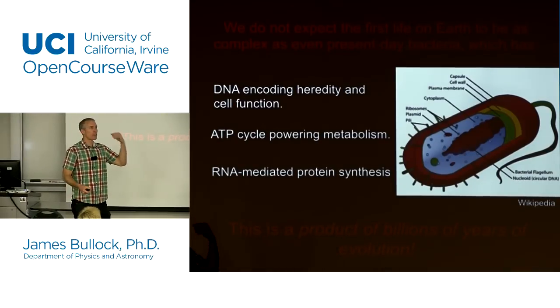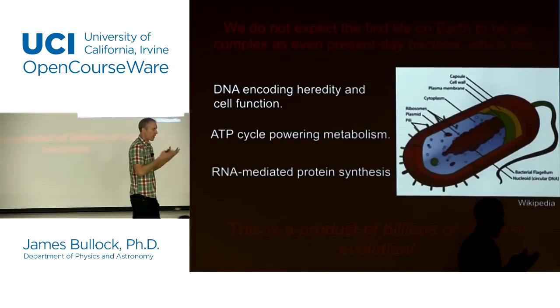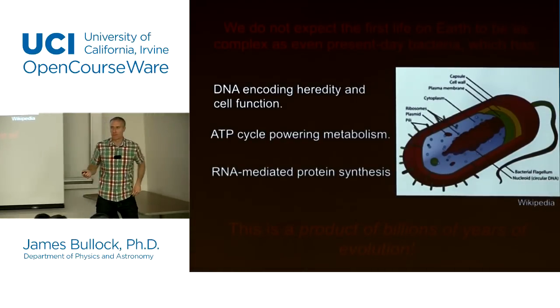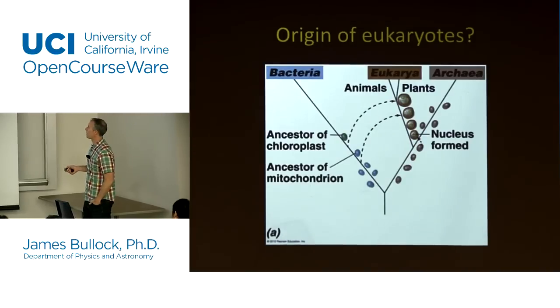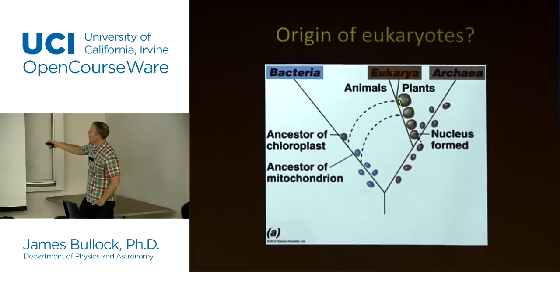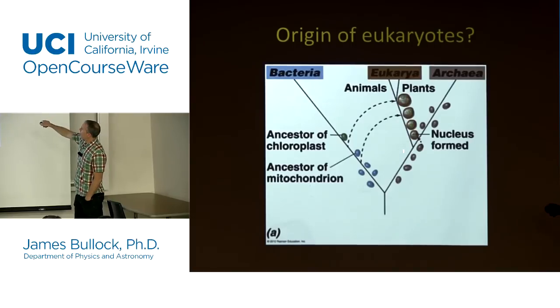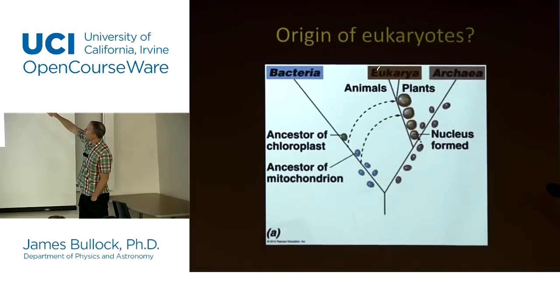So we don't think that this sort of emerged out of nothing. This didn't just spring forth from nothing on the early Earth. How did this happen? Okay. There's one interesting idea. It doesn't get to the very origin, but there's this interesting idea about how you get to eukarya.